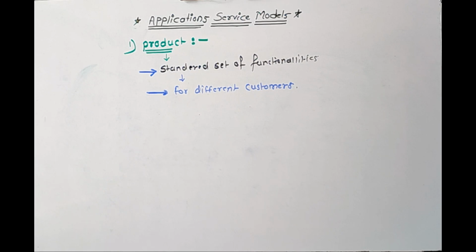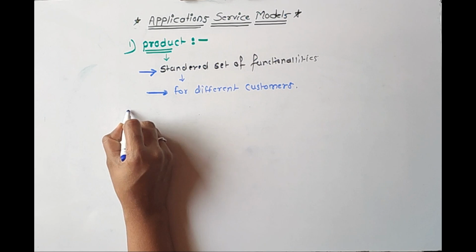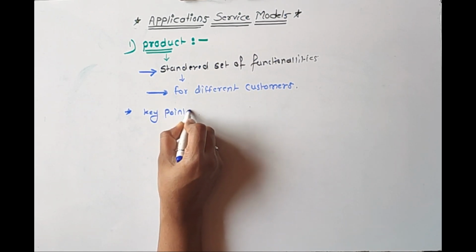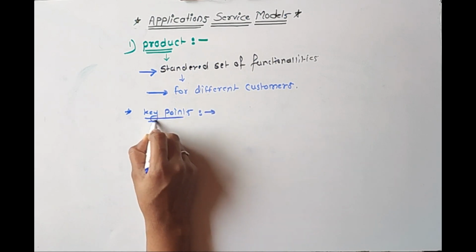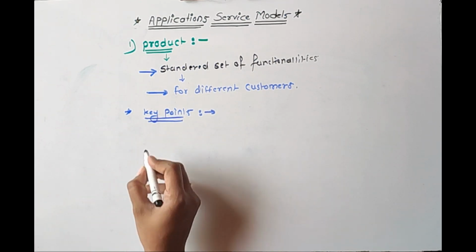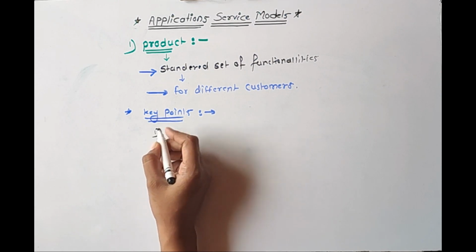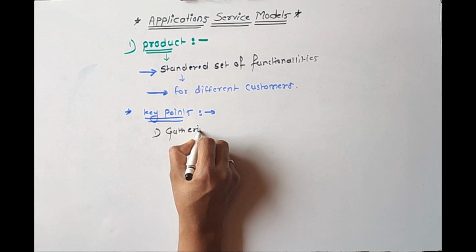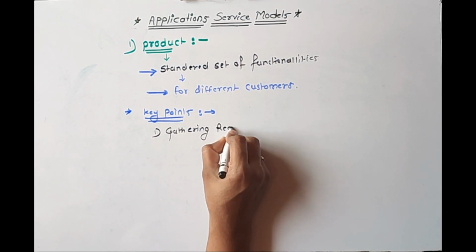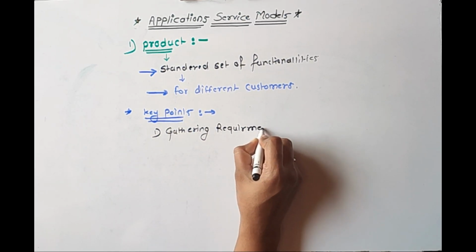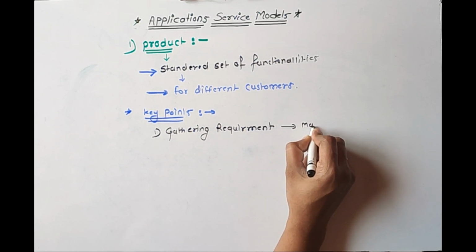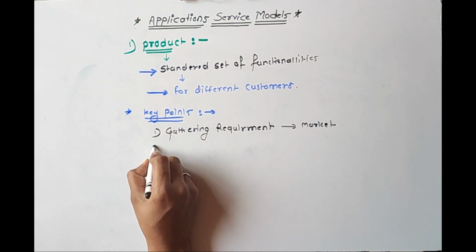So for making this product, there are some key points to develop. The first point is gathering of requirements through the market survey. Means first of all, we are gathering requirements through the market.